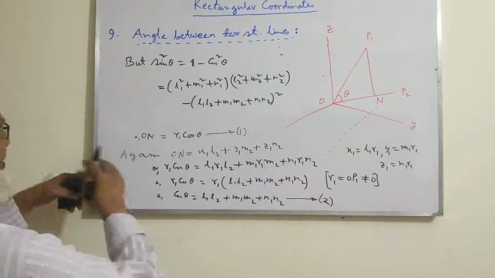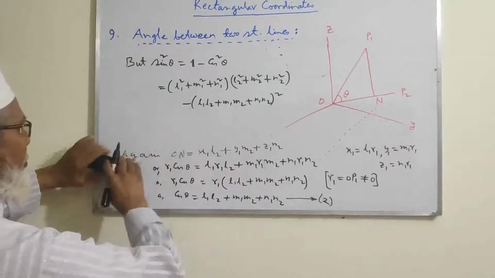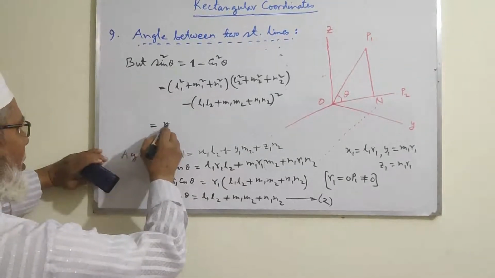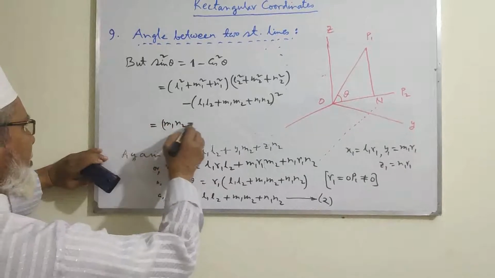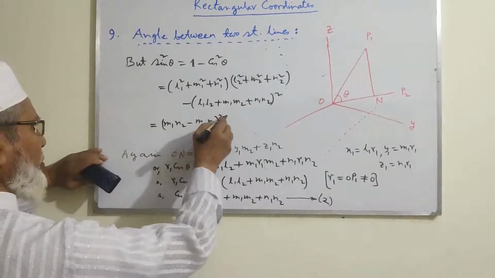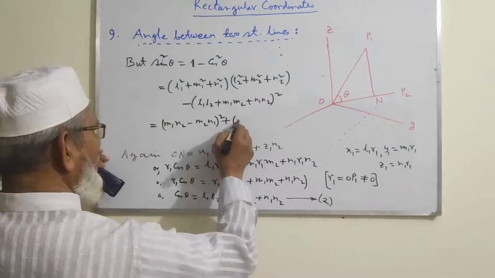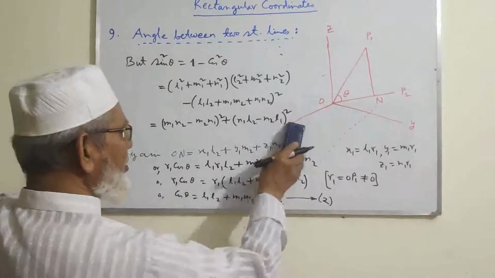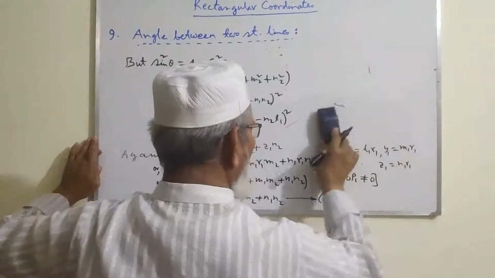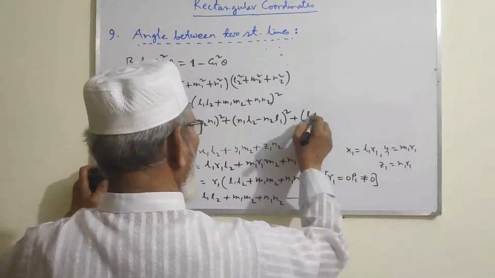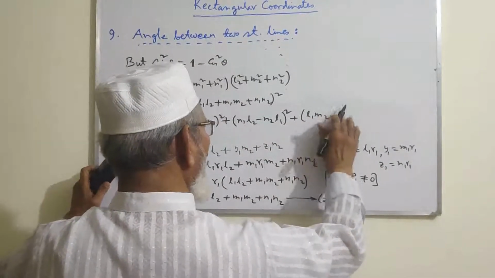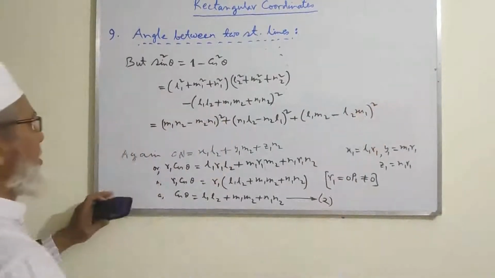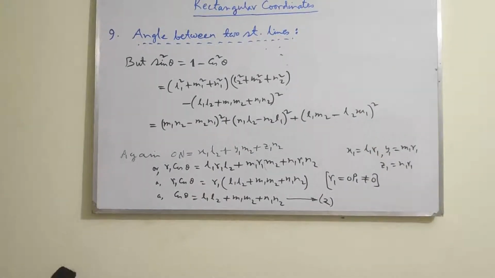If we simplify this, equal to (M1 N2 minus M2 N1) whole square plus (N1 L2 minus N2 L1) whole square plus (L1 M2 minus L2 M1) whole square. This is sin square theta, so sin theta is the square root of that.